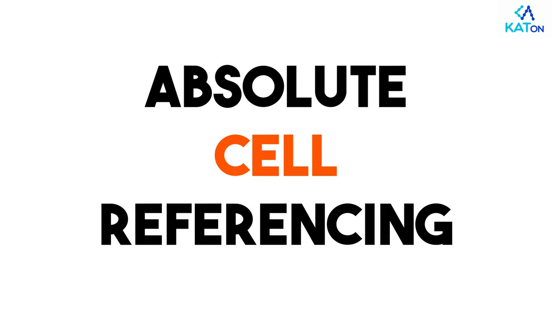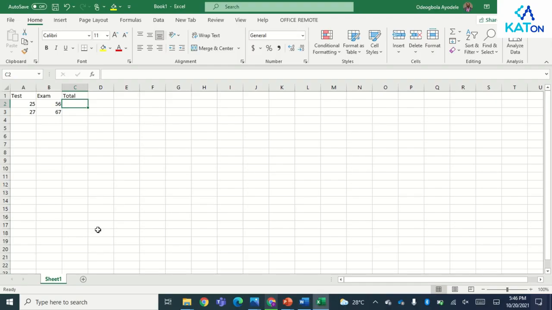Absolute cell referencing. By default, a cell reference is relative. A formula that contains a relative cell reference changes as you copy it from one cell to another.